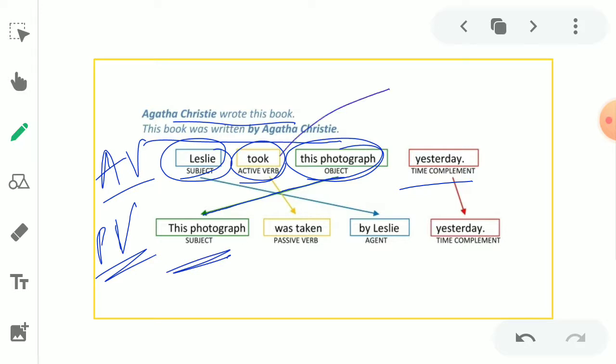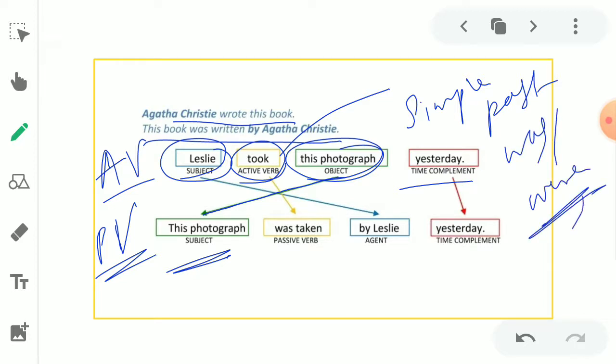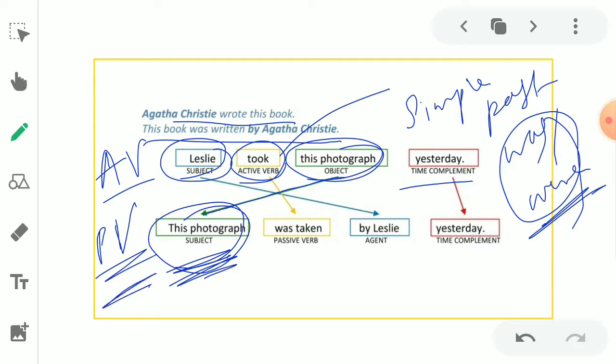Then took is given in simple past. So in simple past we have was or were. There are two helping verbs. Because of this, we have to select the helping verb on the basis of the subject given in the passive voice.